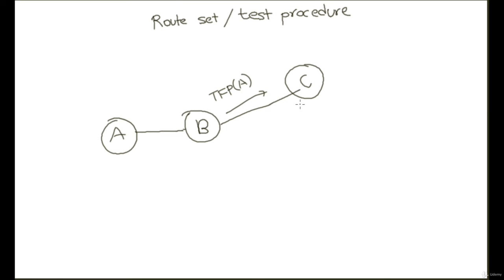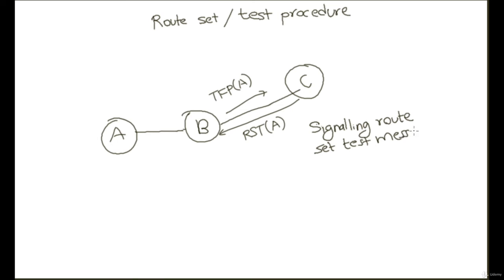For that purpose, C will keep on sending the RST message periodically to B to get the status of A. It will keep on sending the RST message, that is the signaling route set test message, so that it is abreast of the latest route set information about A. So that's the signaling route set test message, RST.